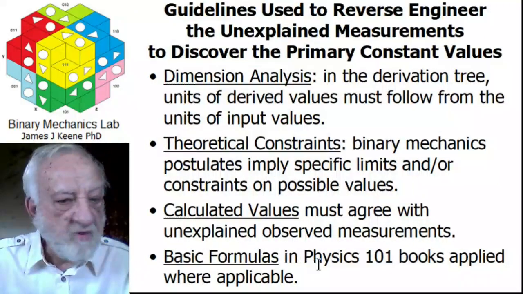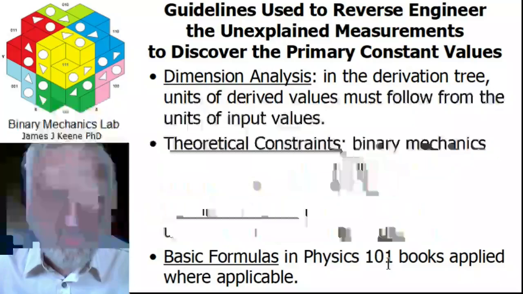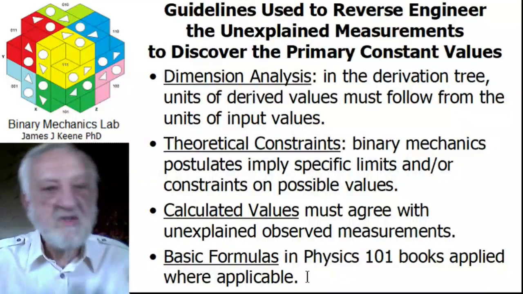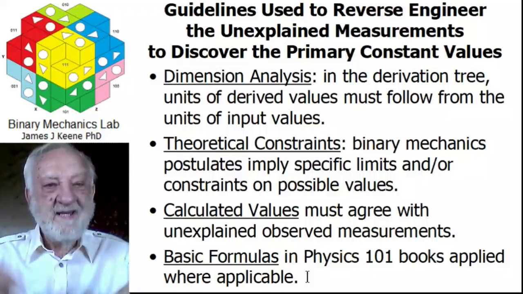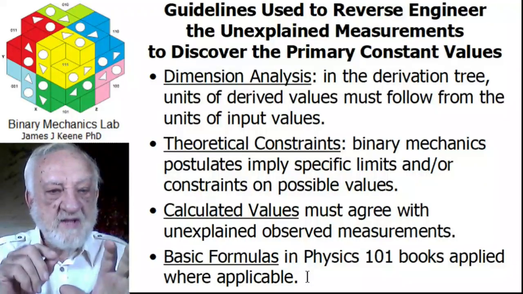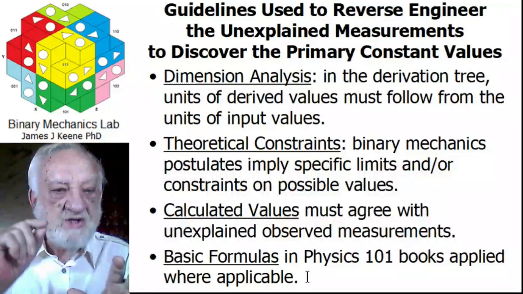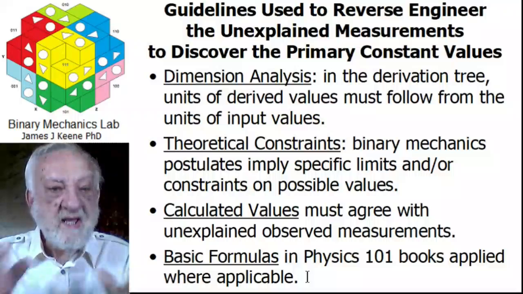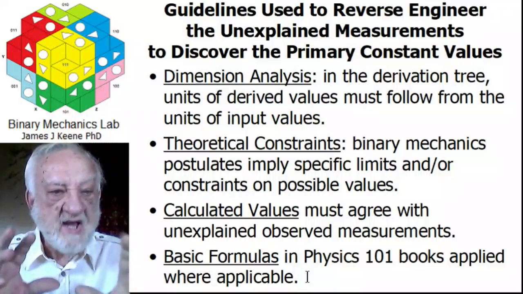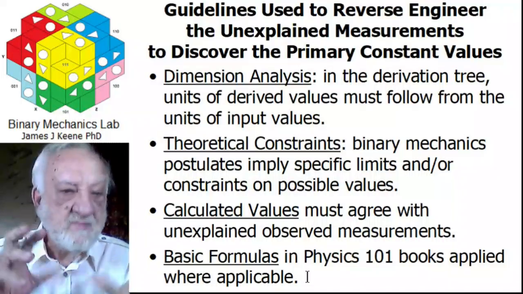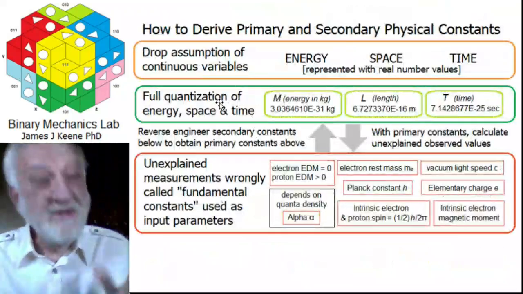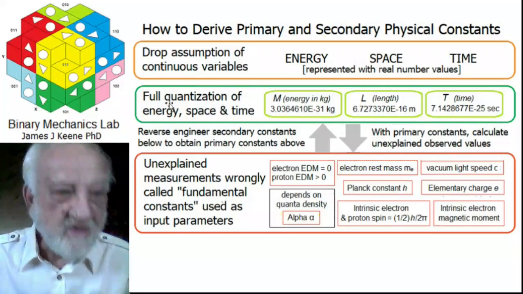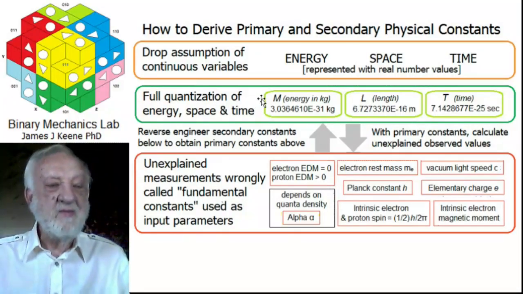Lastly, basic formulas in Physics 101 textbooks were applied where applicable. For example, angular momentum is the sum of the angular momentum of the various energy quanta, which I call one states, as they revolve around in what we call the bit cycles for the electron and the proton. So I think we're doing pretty good in our venture into the wonderful land of full quantization in binary mechanics.